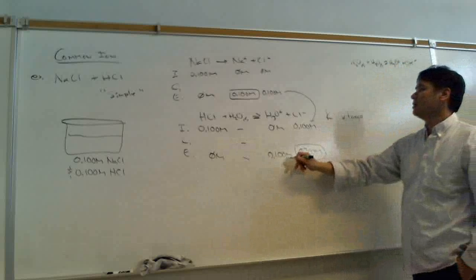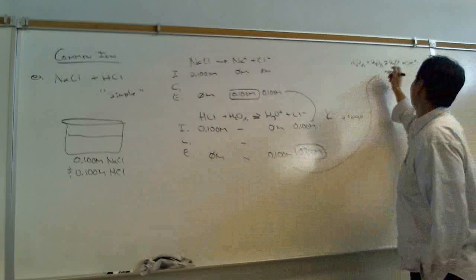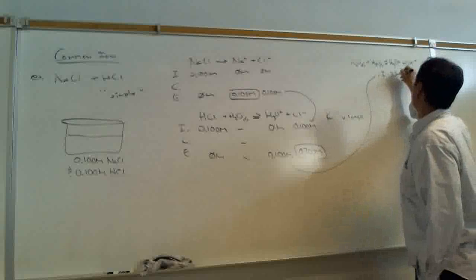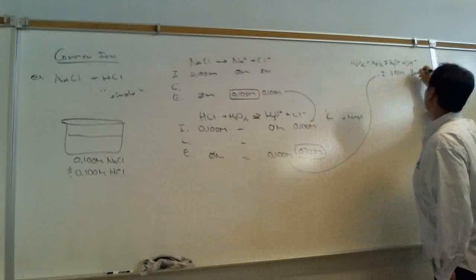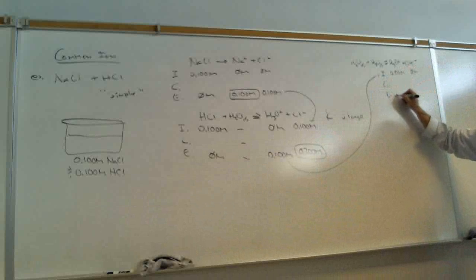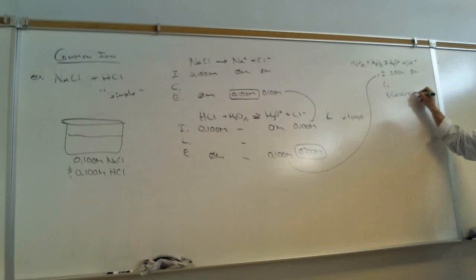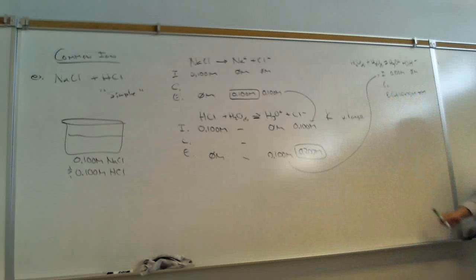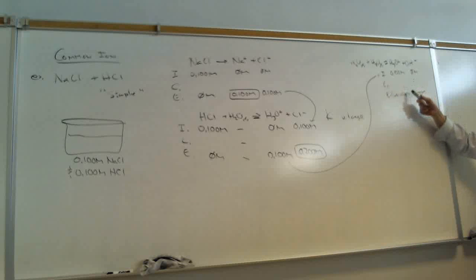And so I'll take this hydronium, bring it over here. So the initial hydronium is going to be 0.100 molar. And the initial hydroxide, 0 molar. Change, equilibrium. So at equilibrium, we're going to have 0.100 plus X molar and X molar here. And so I expect to generate some more hydronium and hydroxide in this step.